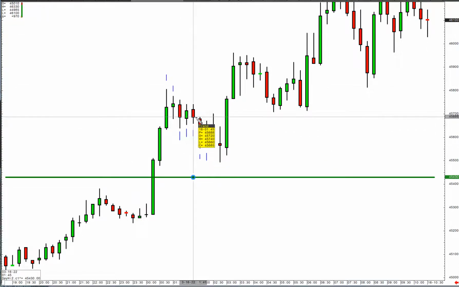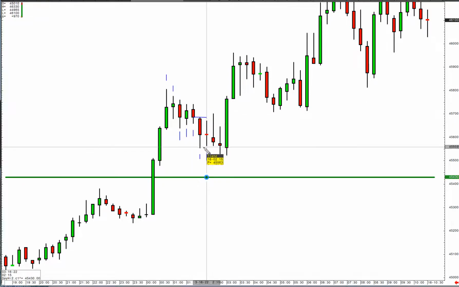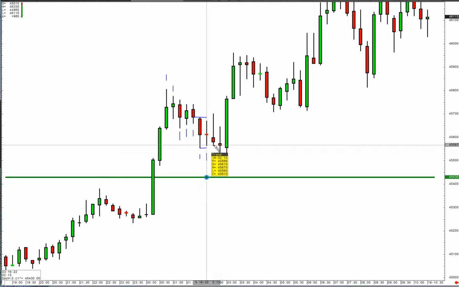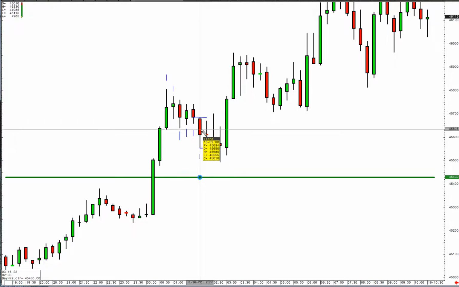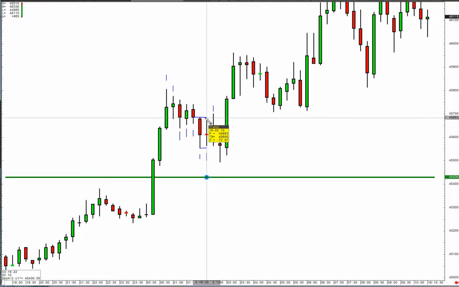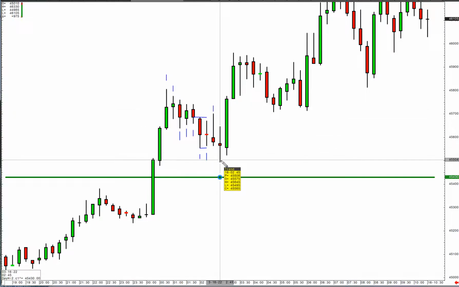But when you have an inside bar, the concept is you want to disregard that bar. Just imagine everyone went to lunch for a bar and no new information was generated because we didn't pierce a previous high or a previous low. And then here we did pierce a previous high, the high of 2 bars ago. So to me that is significant enough to call it an upswing.